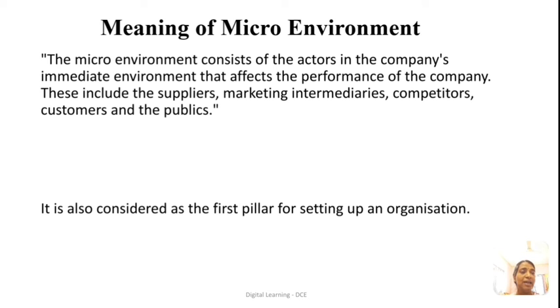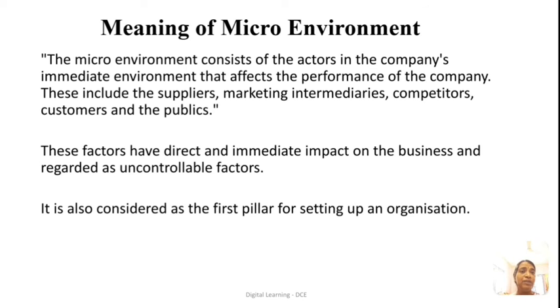All these are the actors which affect the performance of the company. Those factors have direct and immediate impact on the business and are regarded as uncontrollable factors. So it is considered as a first pillar for setting up an organization.